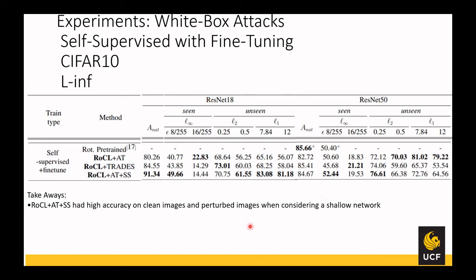So some takeaways here. ROCL plus AT plus SS had high accuracy on clean images and perturbed images when considering a shallow network. So that's when considering this ResNet 18 right here, this bottom row. Accuracy on the clean images decreased on a deeper network. So the accuracies here on the clean images, they all decreased over here.